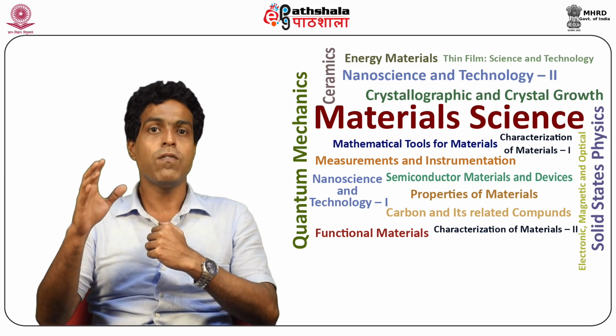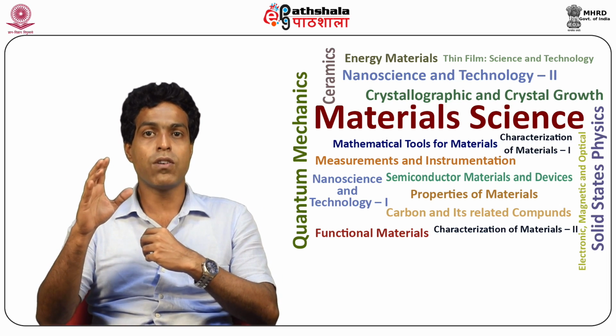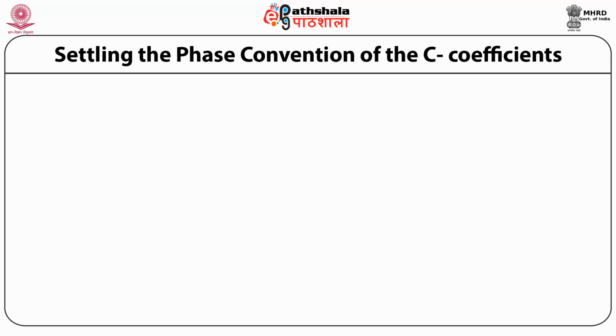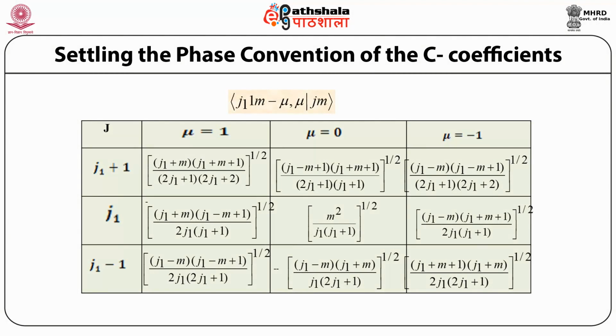A change in overall phase of any row or column of a J1 1/2 m minus mu comma mu, the scalar product with a kth vector j. The values of j for mu equals to 1, mu equals to 0 and mu equals to minus 1. For j1 plus 1, for mu equals to plus 1, j1 plus m into j1 plus m plus 1 by 2j1 plus 1 into 2j1 plus 2 whole to the power half.